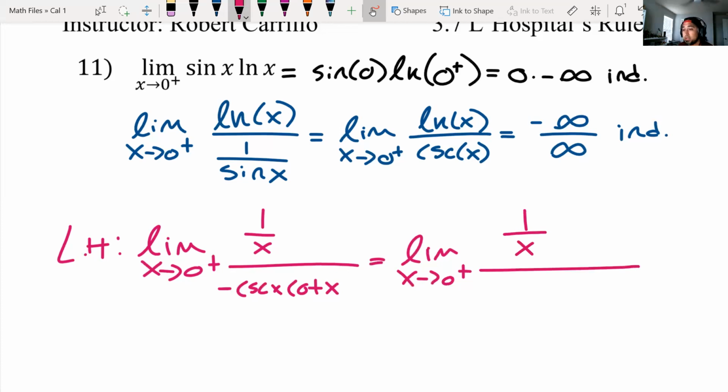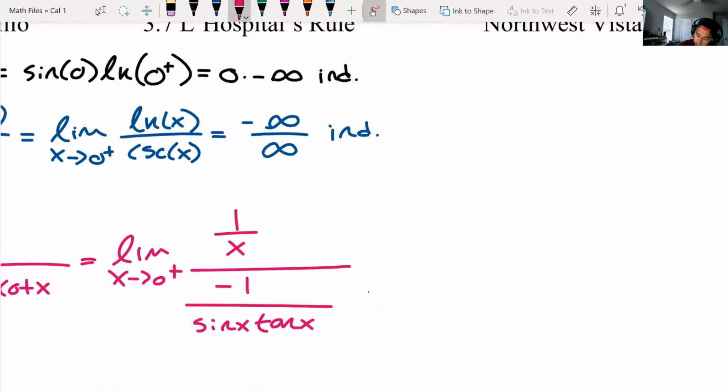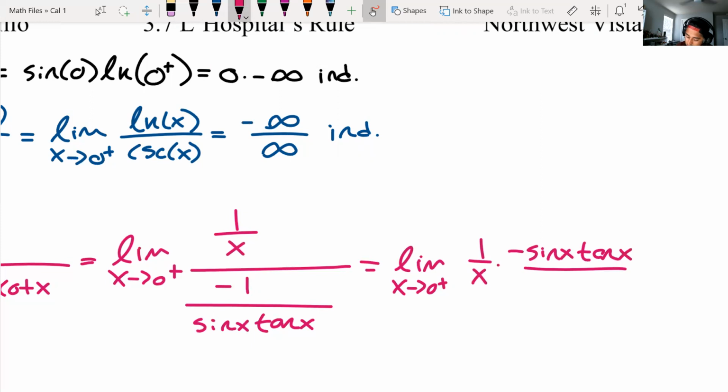And cosecant cotangent x can be written as negative 1 over sine x tangent x. All right. And now we reciprocate. And you have 1 over x times negative sine x tangent x over 1.